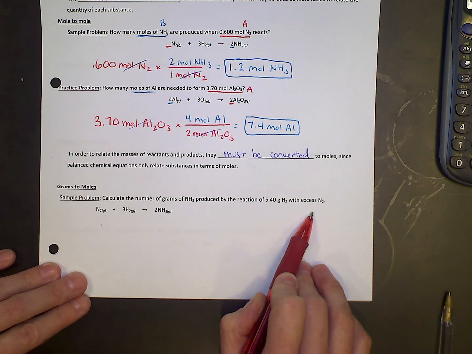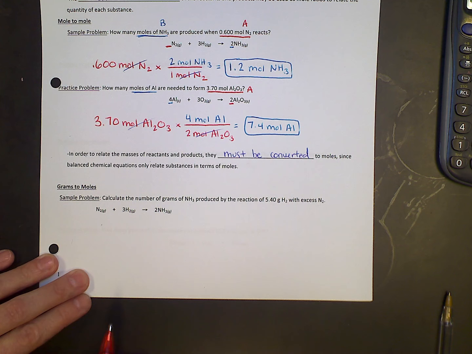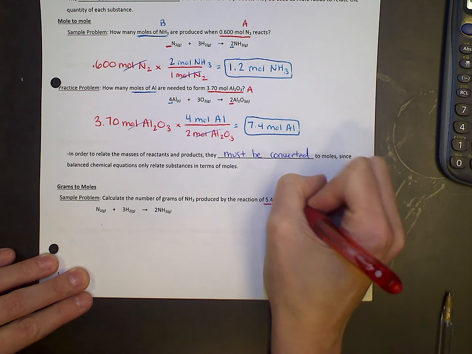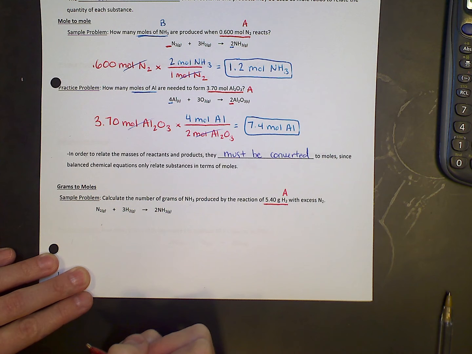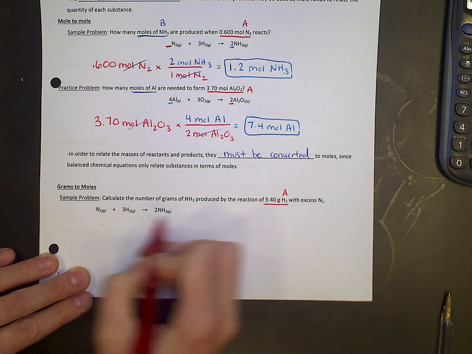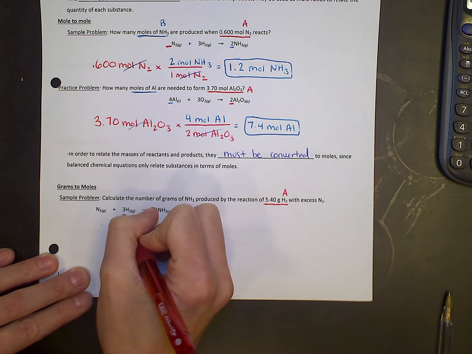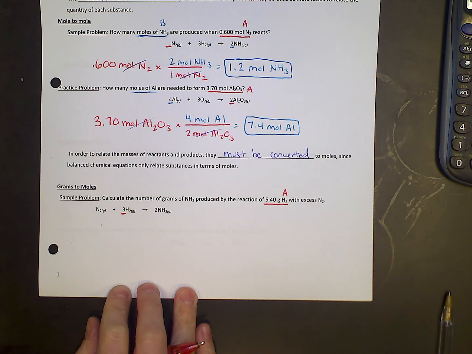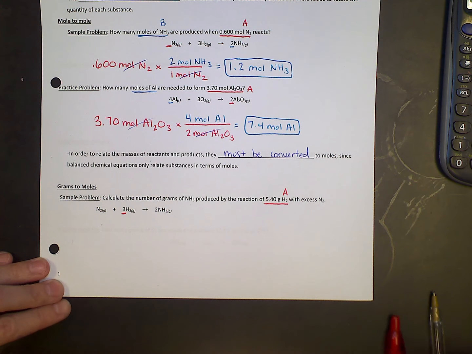So what are we given to work with to start the problem? It's 5.4 grams of H2. So that becomes our A. Then we look down at the equation and we underline the coefficient that's in front of the H2. And now we find what we want.